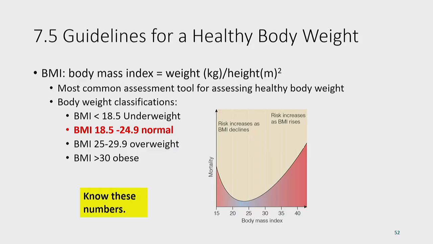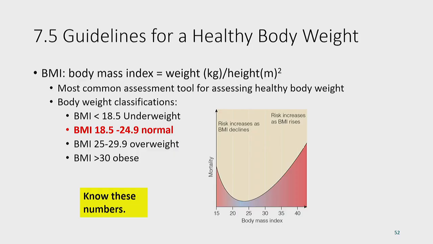And this figure shows that there is an increased risk to health with both increased and decreased BMI. So the middle of the curve represents the BMI range between 18.5 to 24.9, and that's classified as the normal weight range. There's some more nuance to that, but this is how it's categorized.